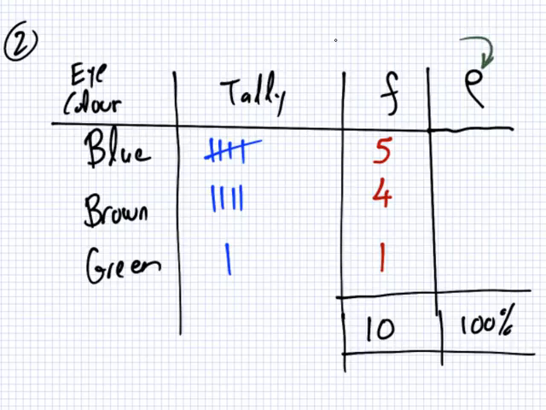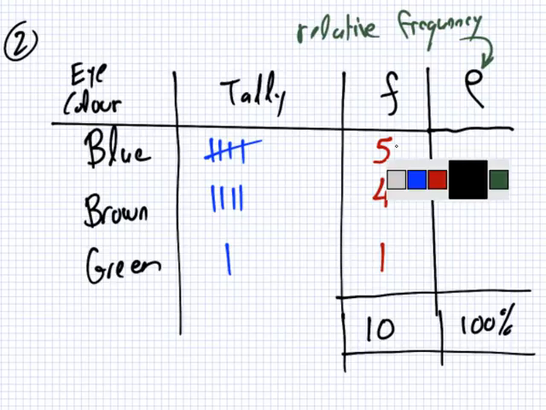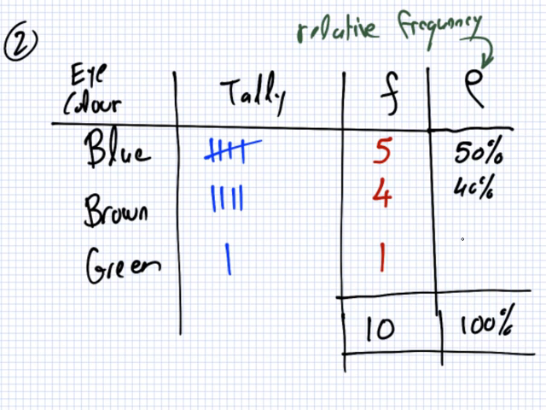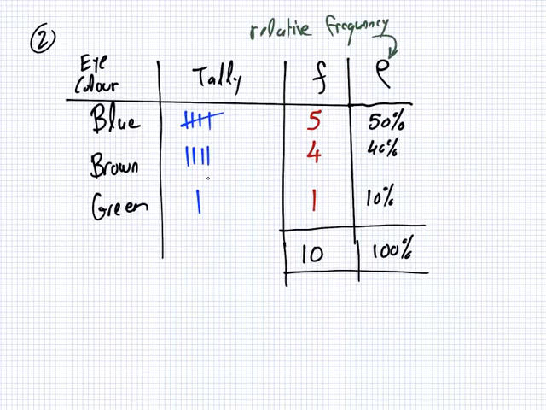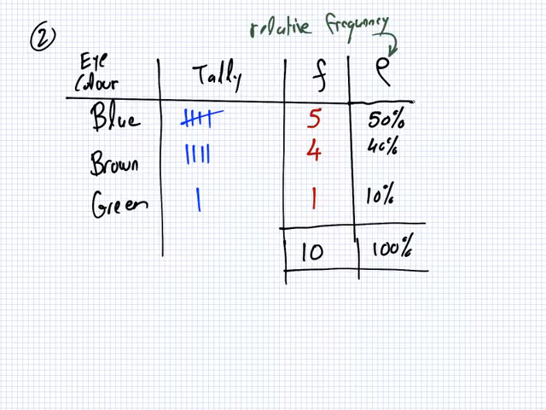This is new now. Relative frequency. So 5 over 10 is obviously 50%, 40%, and 10%. But just so you know, it's perfectly fine to write these as decimals, and in fact, most computer programs will write this as a decimal.